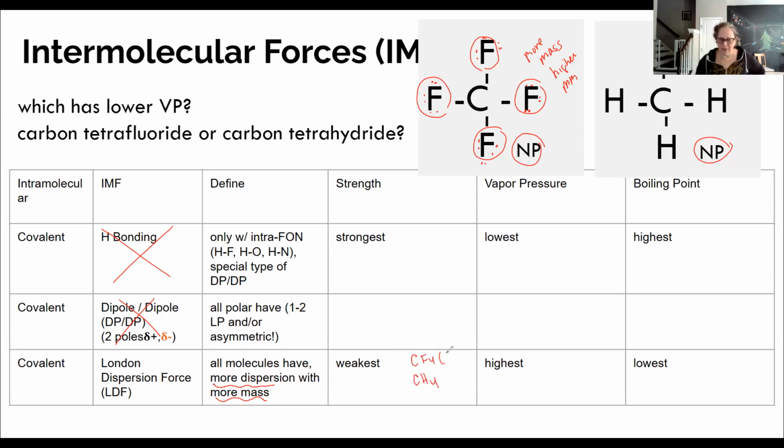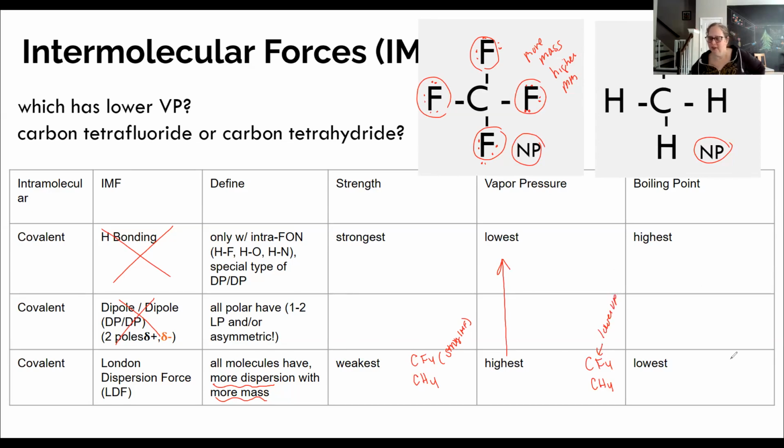So carbon tetrafluoride is going to have stronger IMF because it's higher up on the chart. Carbon tetrafluoride and carbon tetrahydride, this time we're going from high to low. So carbon tetrafluoride is going to have a lower vapor pressure.